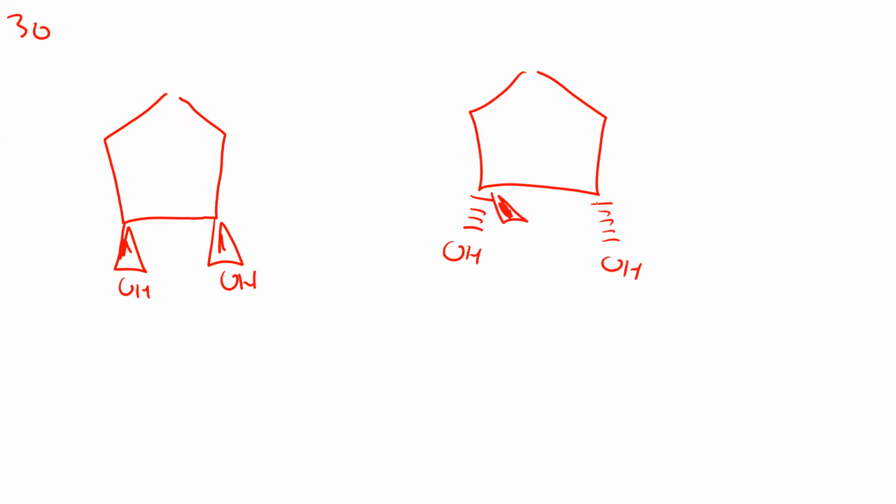Obviously, you got your methyl group here. They want you to show that hydrogen here. And on the other one, you're going to have the hydrogen down, and you'll have the methyl group down. So that's what's going on with that one.